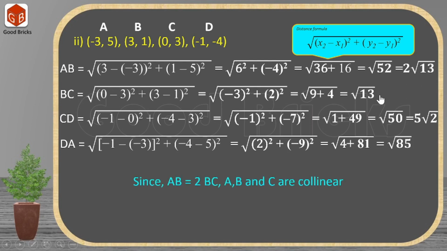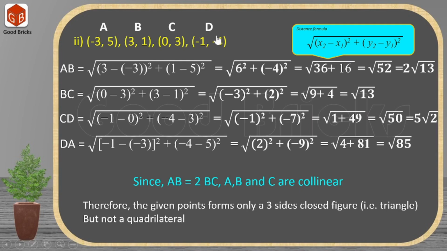From that we can conclude that since AB is equal to 2 into BC, these 3 points A, B, C are lying on the same line. Because of that, these 4 points cannot form a quadrilateral, but they will form only a 3-sided closed figure, which is nothing but a triangle. Instead of forming a quadrilateral, these given 4 points will form a triangle.